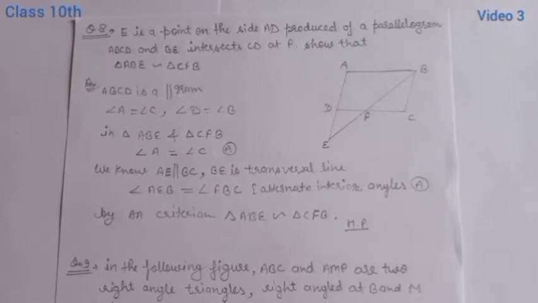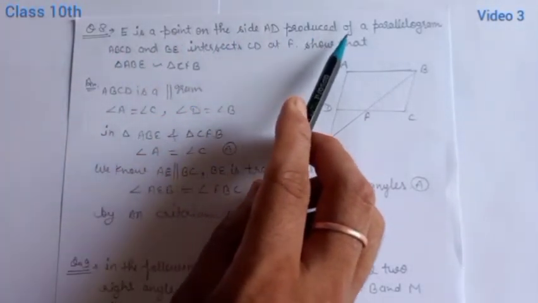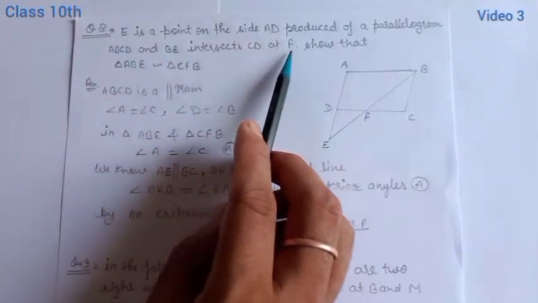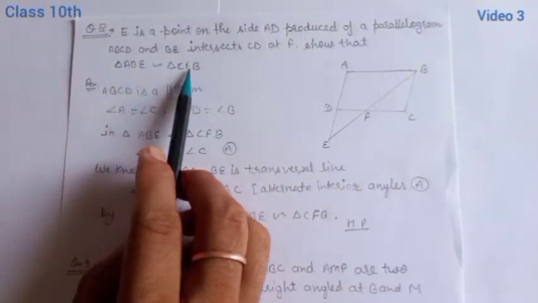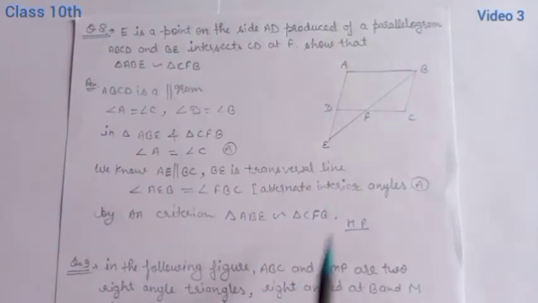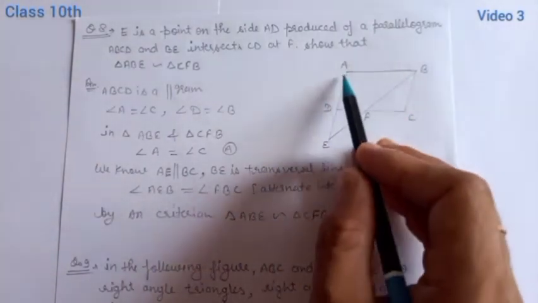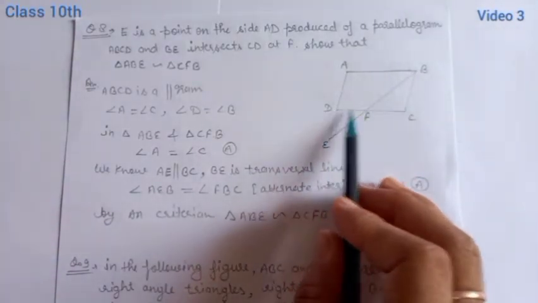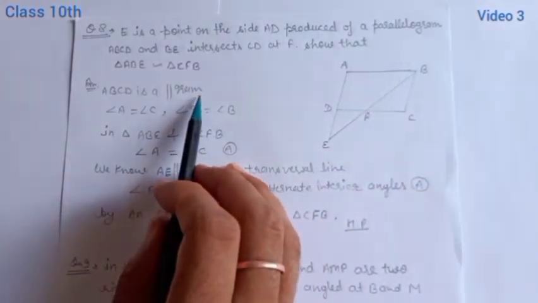Next, question number 8. E is a point on the side AD produced of a parallelogram ABCD, and BE intersects CD at F, so that triangle ABE is similar to triangle CFB. Okay students, here you can see it is given that ABCD is a parallelogram and AD is produced to E, and then BE is the line which intersects CD at F. So what is given?